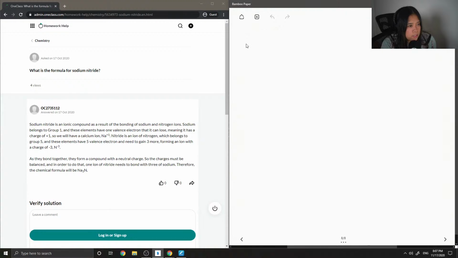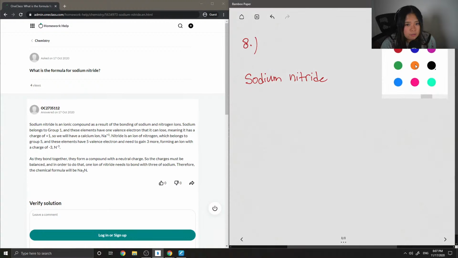Okay, on to question 8. What is the formula for sodium nitride? Okay, so I'm just going to write out the name. So we're basically all familiar with sodium. It is Na+.